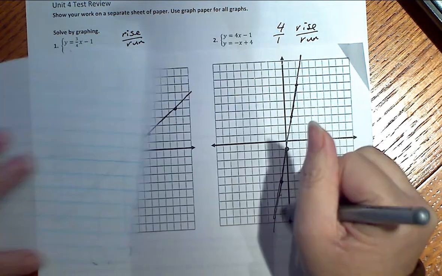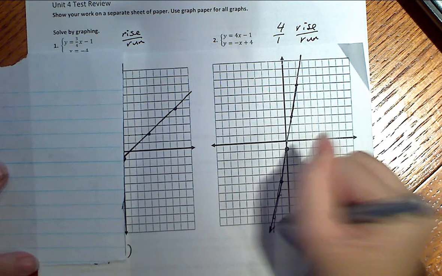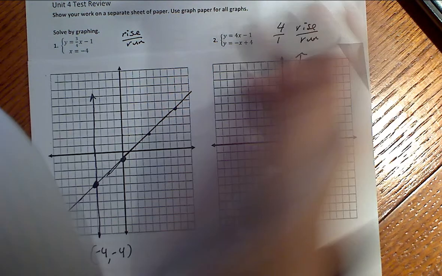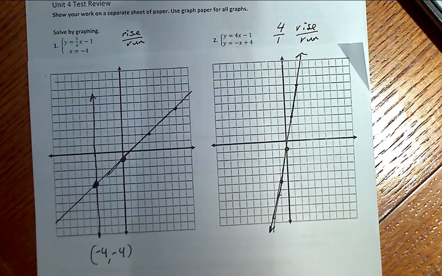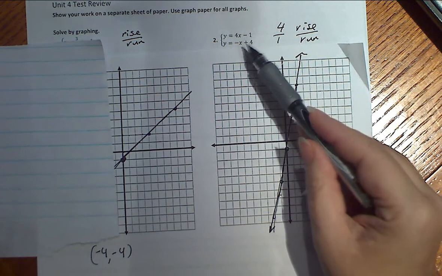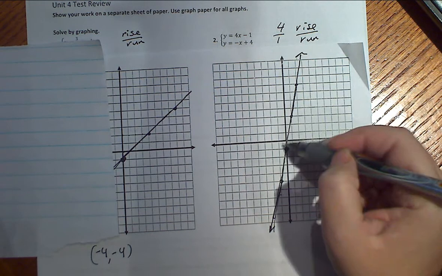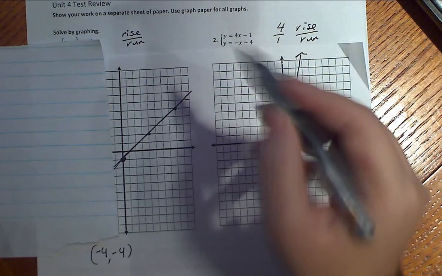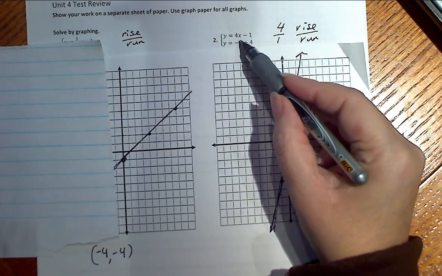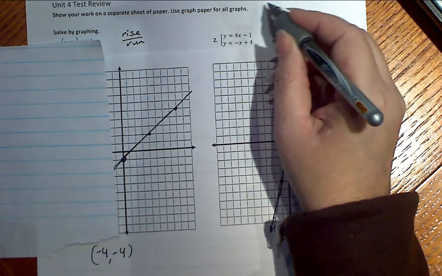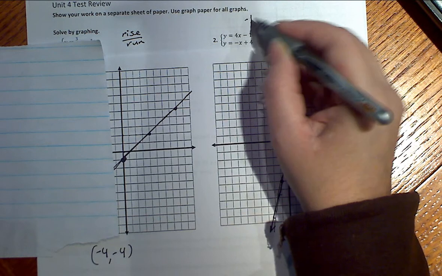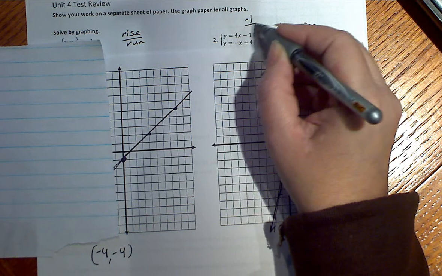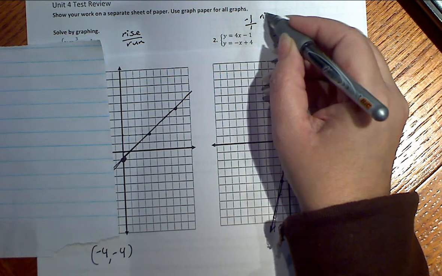You should get a ruler, but paper will work just fine. I'll fold it to make it a little thicker. Alright, so now we have 4. So I go to 4, 1, 2, 3, 4, and I put a dot. Then I have a -x, so that means I have a -1, and it's over 1. So we have rise still over run.